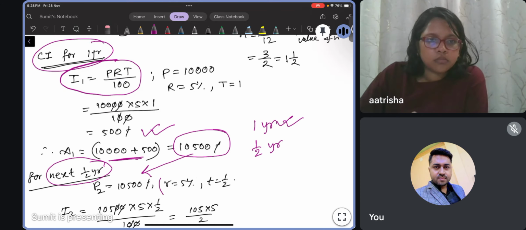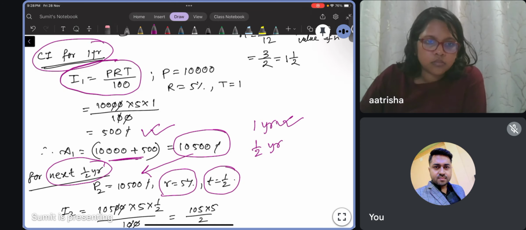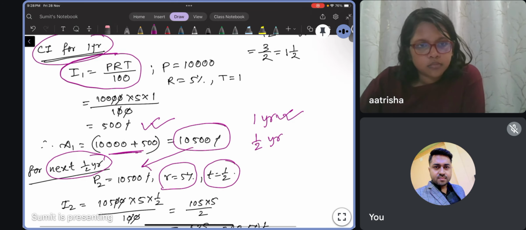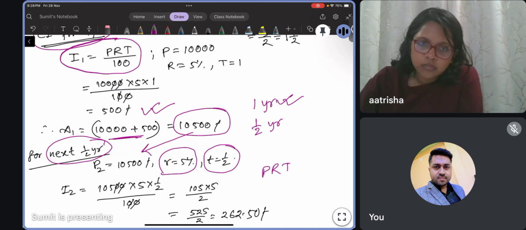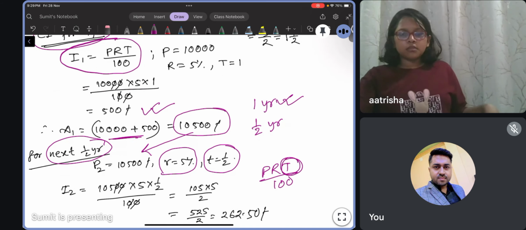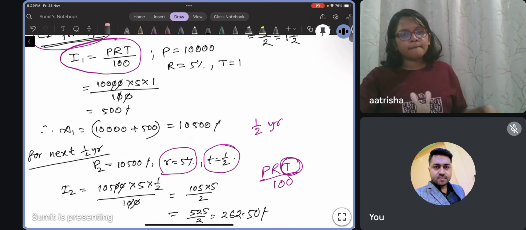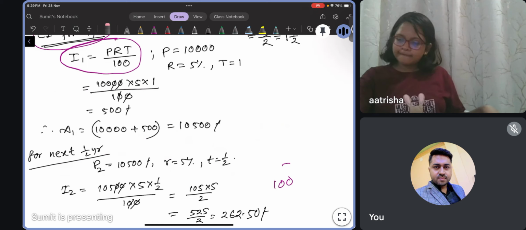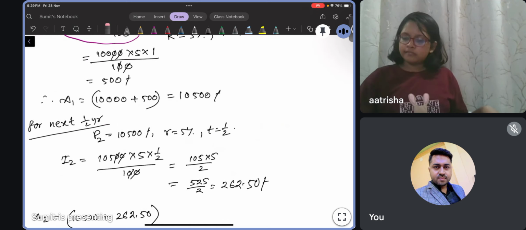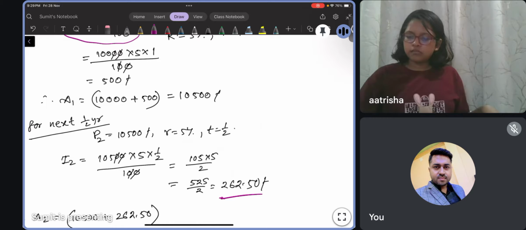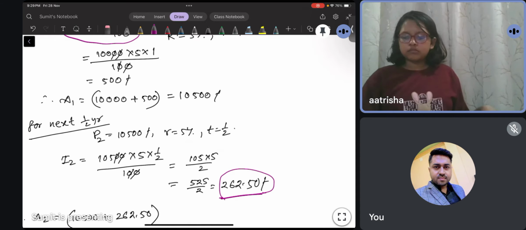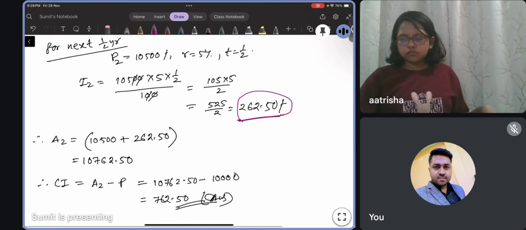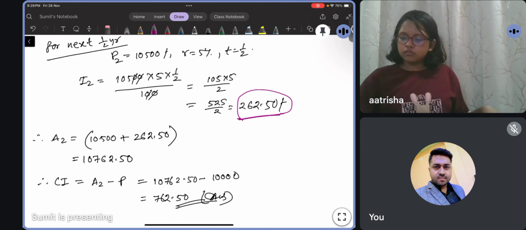R will be 5%, and the time will be half, because when we apply the formula PRT by 100, we only change the time, right? So we will put the data and see how much we are getting. Here the answer will come 262.50 for half year, and then you will get A2, and then you will get the CI. After A2, CI equals final amount minus the original principal, it will be 762.50.